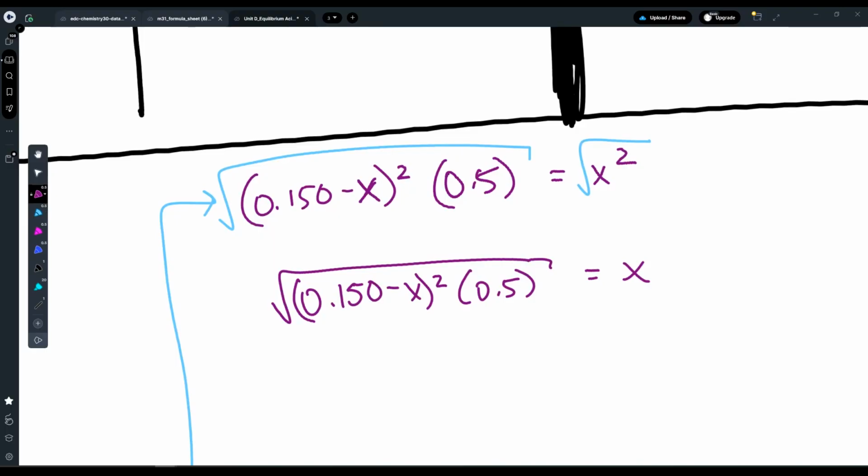So the square root of this, since the square root and the square cancel out, I can just write it as 0.150 minus x.